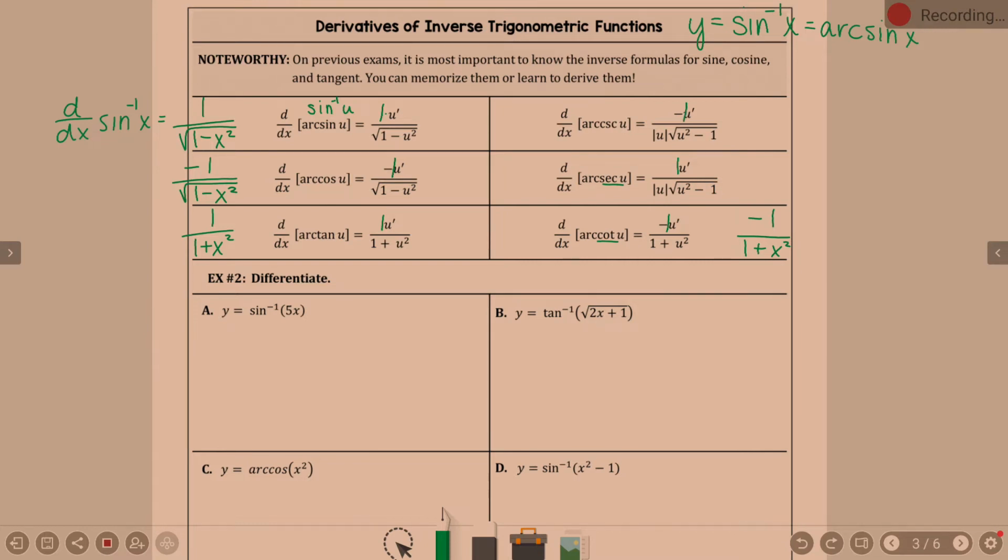Secant is 1 over the absolute value of x times the square root of x squared minus 1. Cosecant is just the negative of that. Negative 1 over absolute value of x, square root of x squared minus 1.